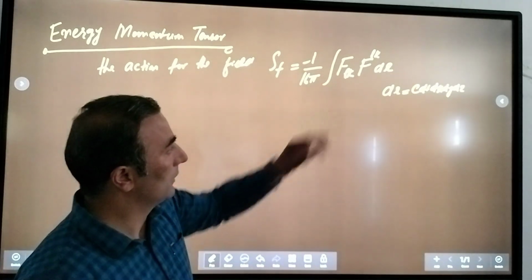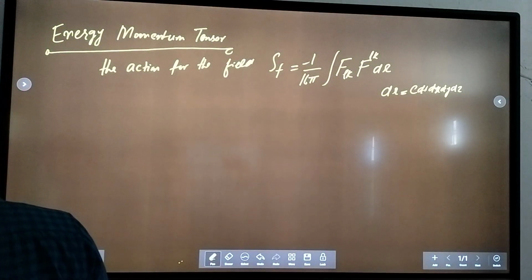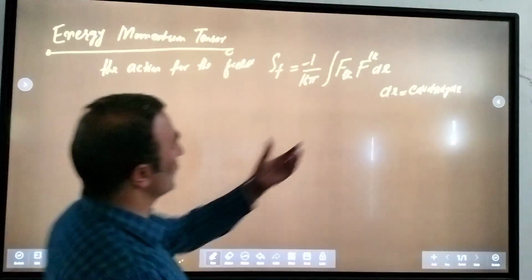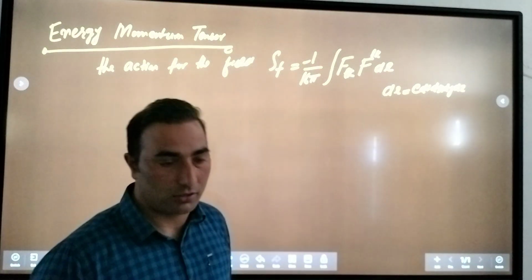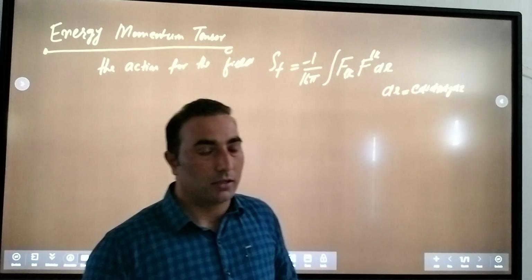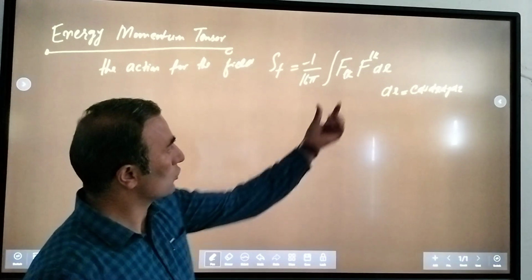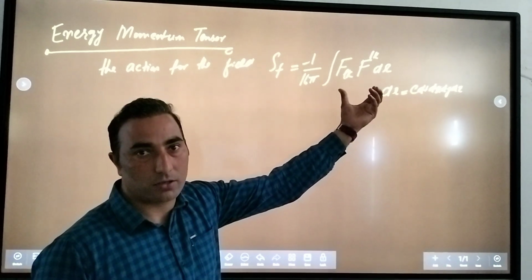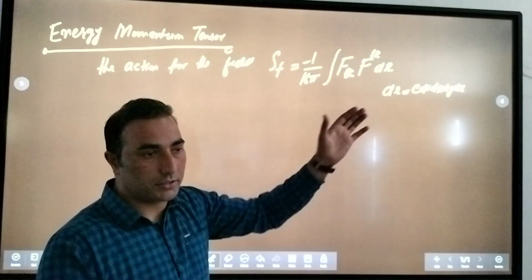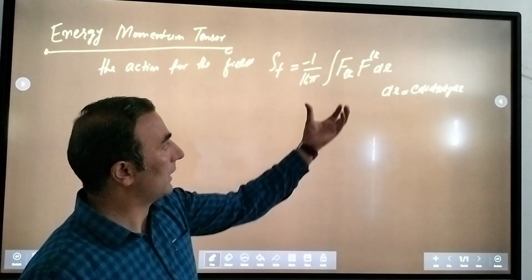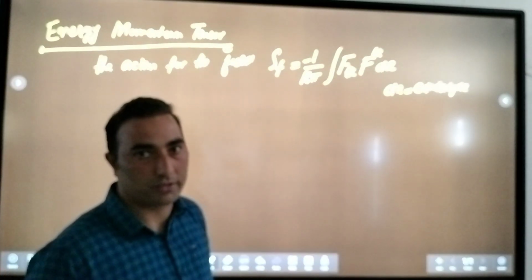So if we talk about this electromagnetic field tensor, I can write it in terms of the determinant of the electric as well as magnetic field components, right?